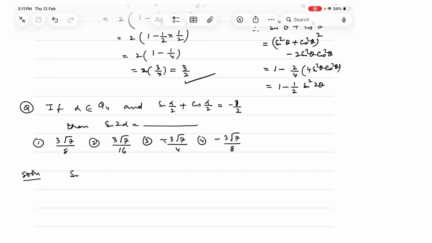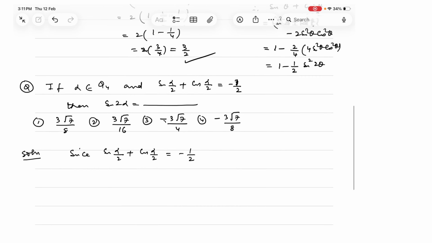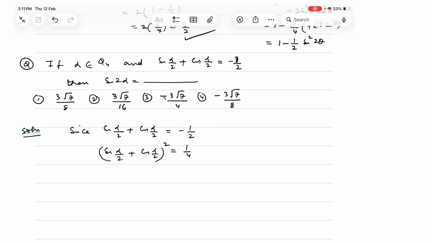What we do is, since sine alpha by 2 plus cos alpha by 2 is equal to minus half, squaring on both sides. Sine alpha by 2 plus cos alpha by 2 whole square is equal to 1 by 4. Sine square alpha by 2 plus cos square alpha by 2 gives 1, plus 2 sine alpha by 2 cos alpha by 2 equal to 1 by 4.